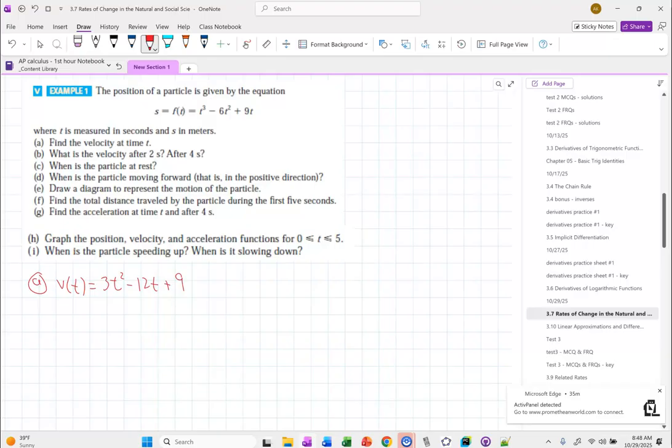Woo! That was rough. Find the velocity after 2 seconds. What's that? -3, and we're in meters per second, I think.